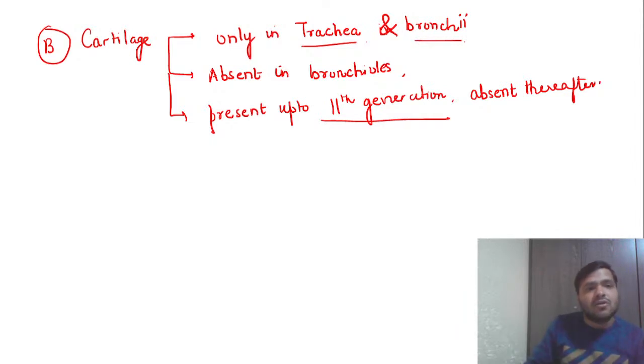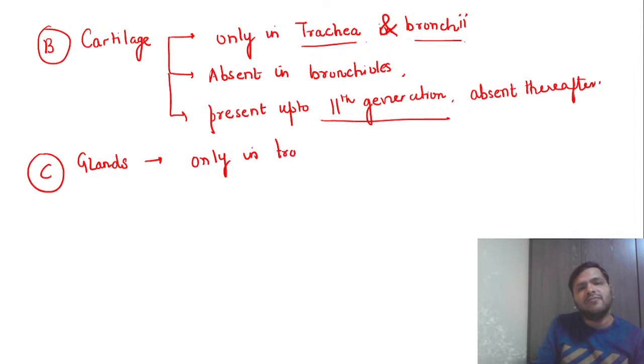Now coming to the third part, that is the glands. Glands are only present in trachea and bronchi. We will be discussing this in detail later on.